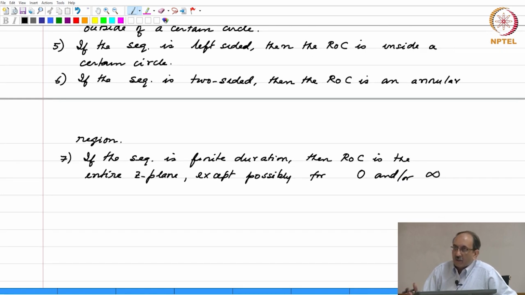On the other hand, if you had a continuous time function that is absolutely integrable, that is of finite duration, the RoC is the entire S plane.